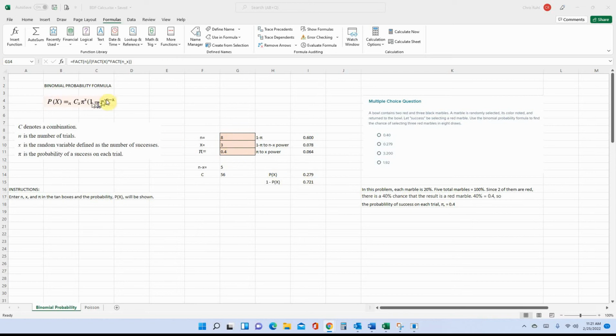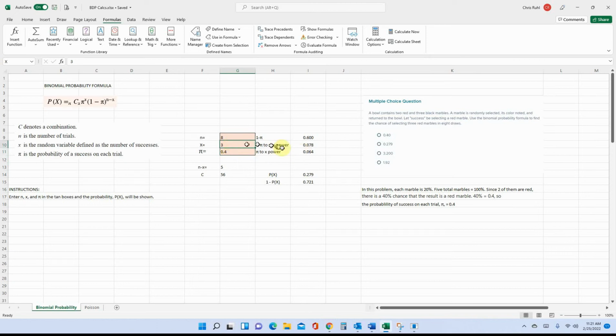Now we have to do 3 different calculations over here. Let's start with this middle one, pi to the x. Pi to the x power, right here. Well, pi is 0.4, and x is 3.